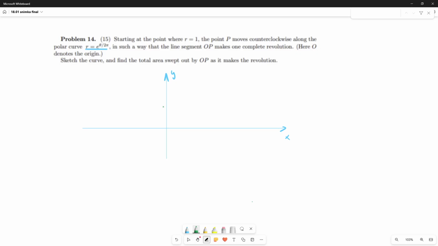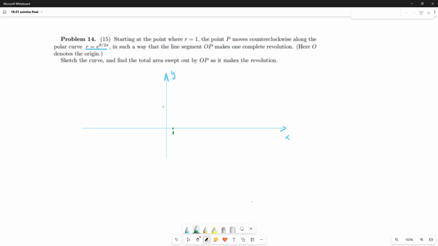So the point P starts, let's say, over here, where r is equal to 1. Let's just mark this as 1.